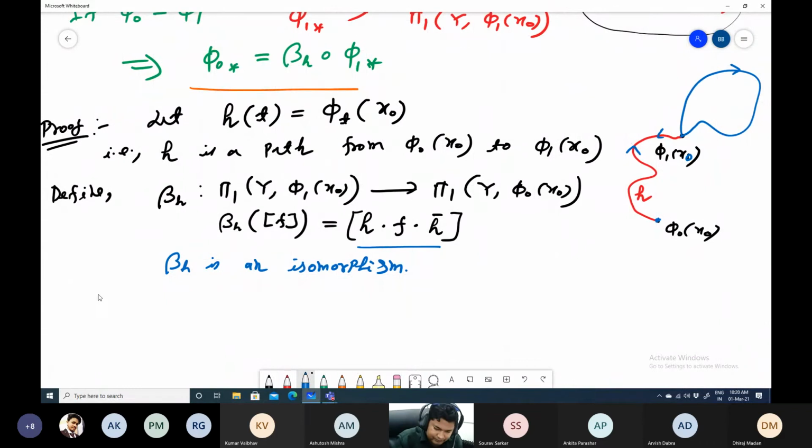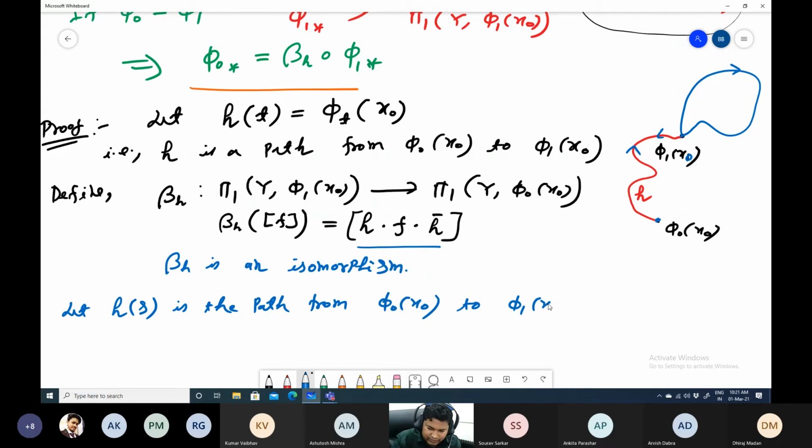Right. Now this is your path. So now we just change the notation. Notation means we just replace t by s. So now let hs be the path from phi 0 x0 to phi 1 x0.